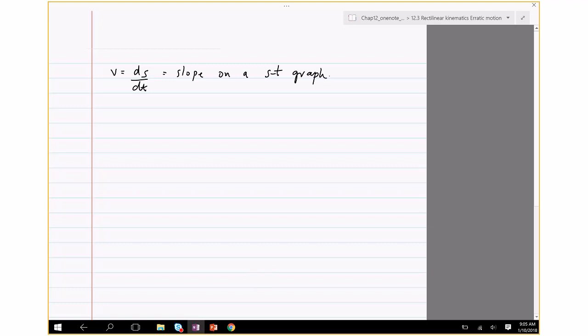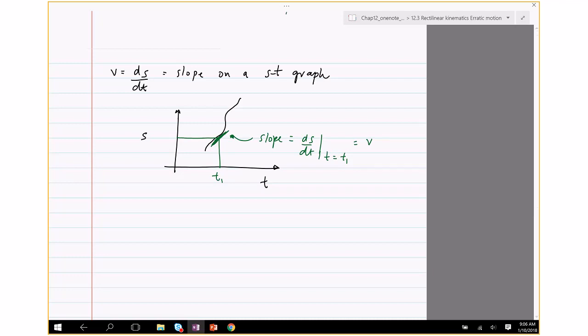If you want to interpret the velocity, you look at a plot of the distance as a function of time. The slope is ds/dt, in this case at time t1. So that is the velocity. The slope of the s-t curve at any point is the velocity, just like a is dv/dt.